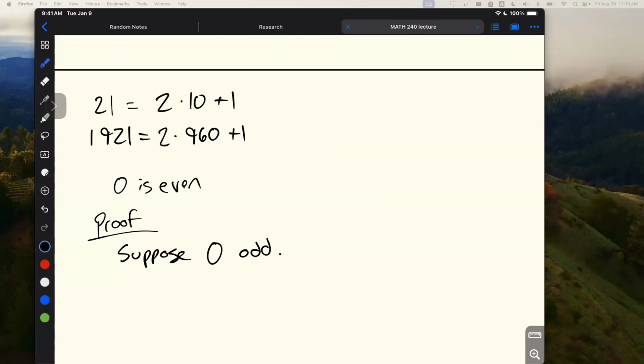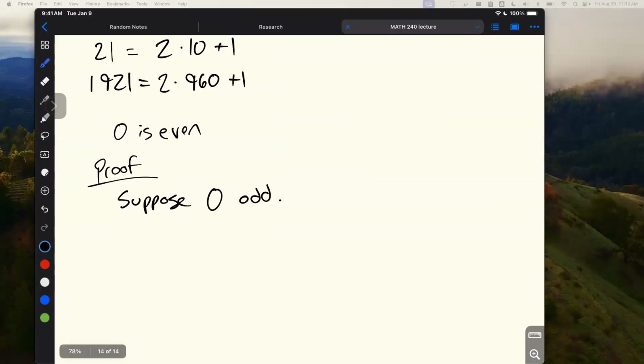So we're making a completely contrary assumption to what we're trying to prove. We're gonna suppose that the opposite is true, then we're gonna work through the consequences of that and eventually get to the point where we say, no, actually, that's crazy. Our original assumption was correct. So we suppose 0 is odd.